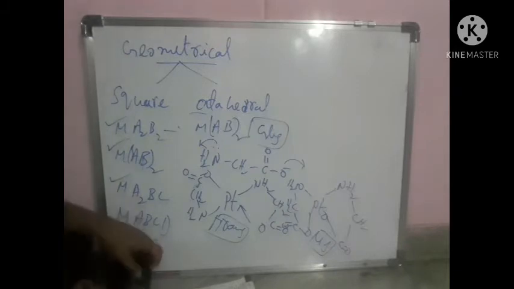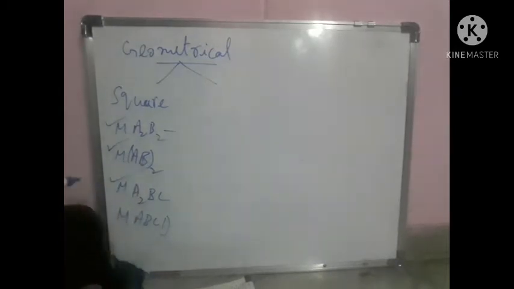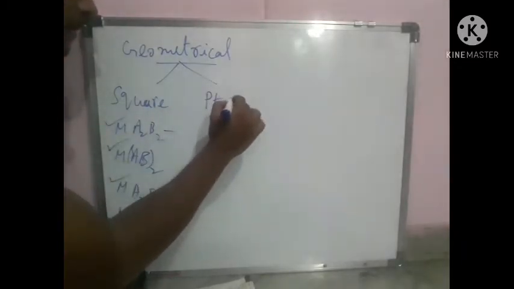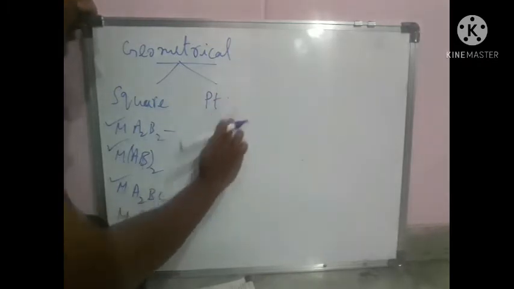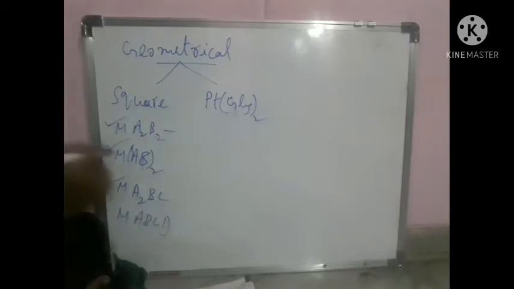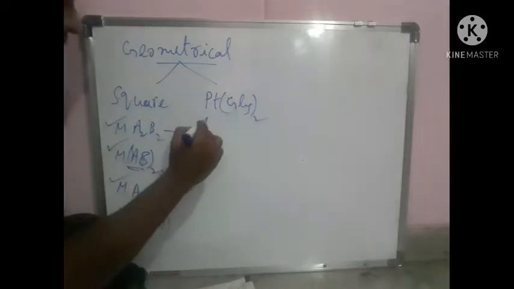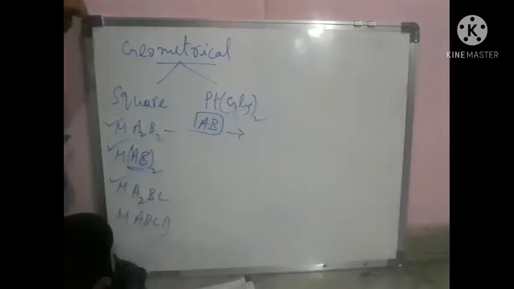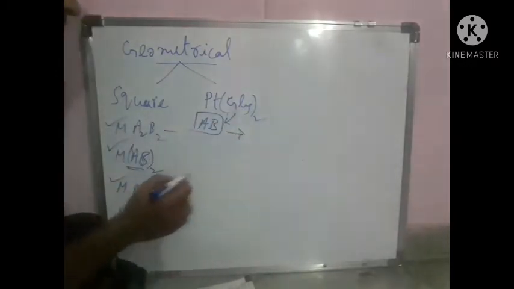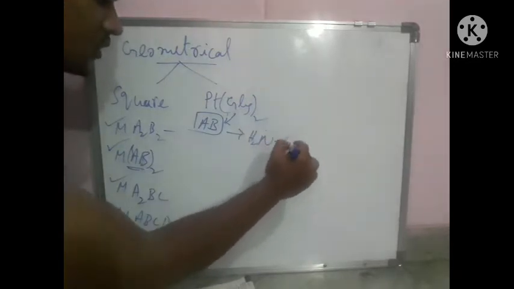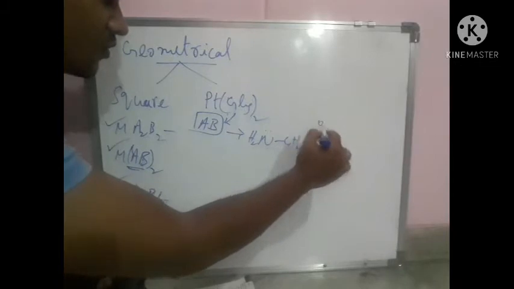Now if you take M(AB)2, I'll take platinum with glycine twice. Here AB is called an unsymmetrical bidentate ligand. Glycine belongs to unsymmetrical bidentate ligand. Let us take glycine formed by NH2 CH2 C double bond O minus.